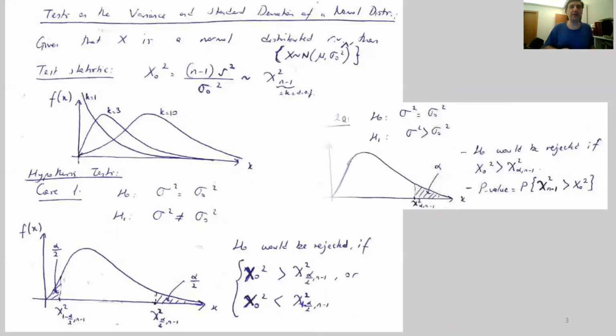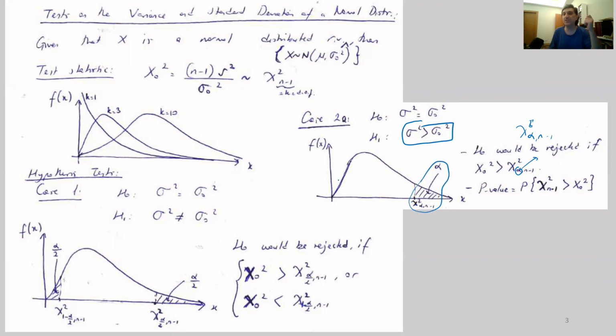When it comes to the one-sided case, this time we are talking about this side here, so only the right-hand side limit will be considered. Therefore, we are only going to take into consideration the upper critical value, chi-square alpha at n minus 1, because we are talking about a single side here.